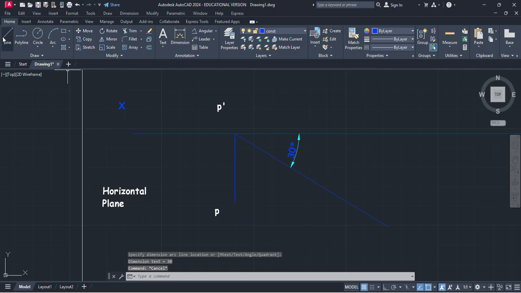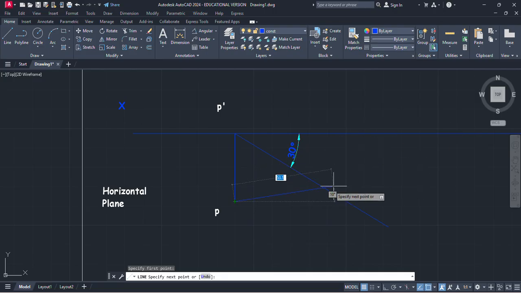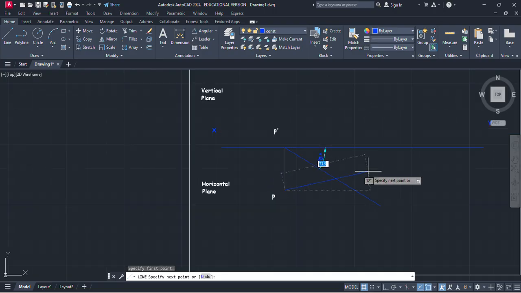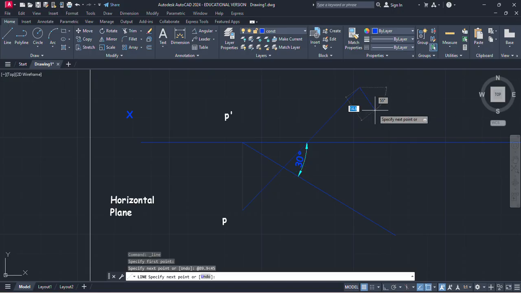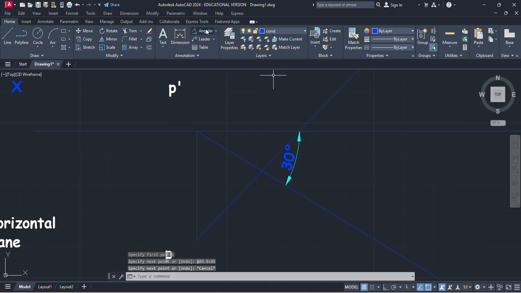Now again I have to draw a line which should be at 45 degrees from point P. This is the top view of point P. I'm going to make a line which is at an angle of 45 degrees with the XY. So again, type 45. Okay, now we check this angle.